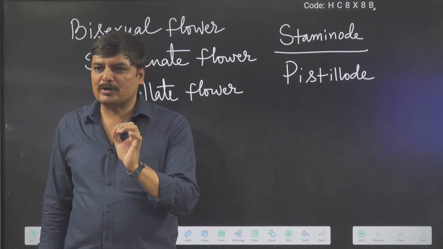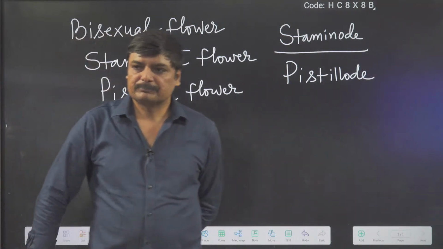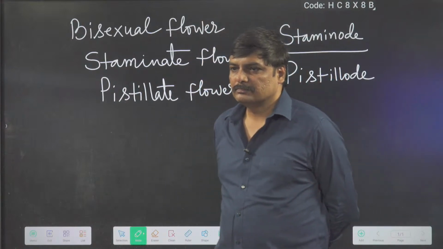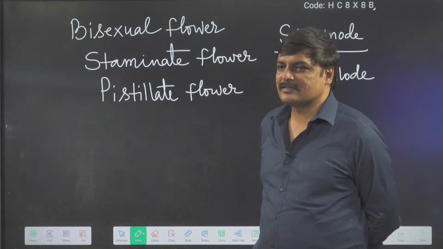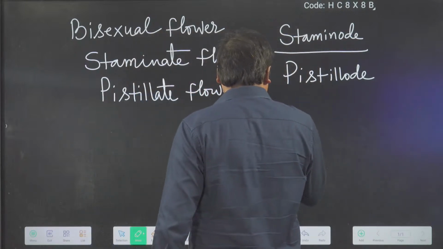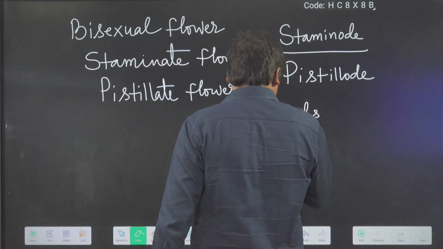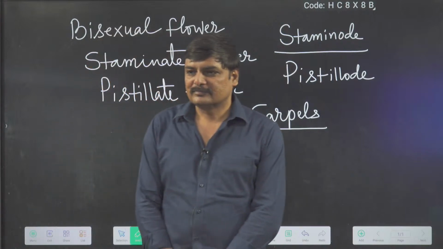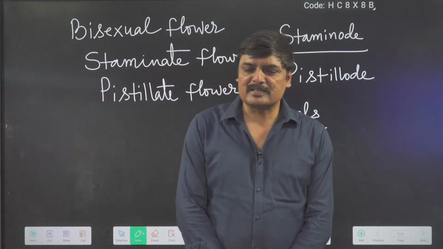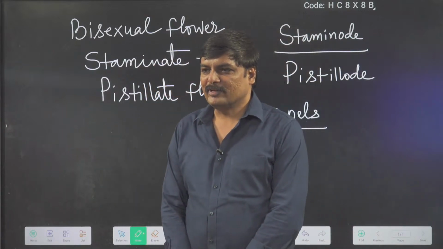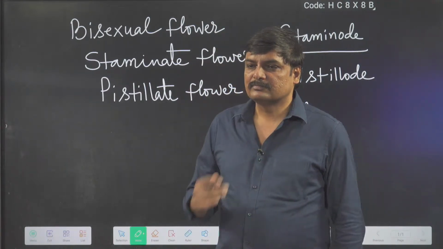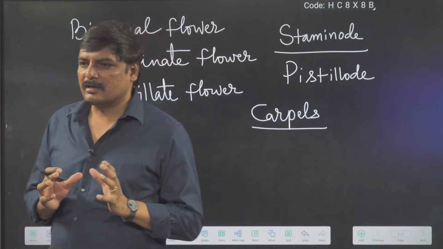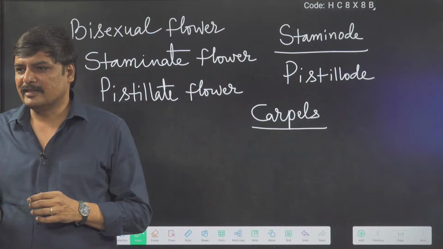Gynoecium is composed of carpels. Good. How many parts are present in a carpel? Three parts.